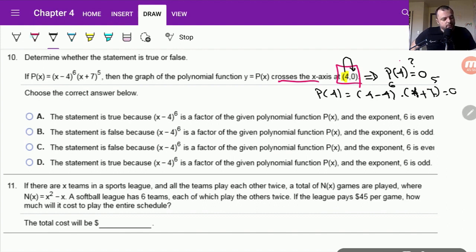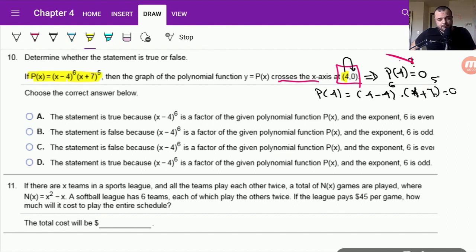So we can answer the first part: this is correct. P of 4 is 0, so 4 is a 0 of the function. You can tell immediately, because when you plug in 4, you get 4 minus 4 is 0 times whatever is 0.